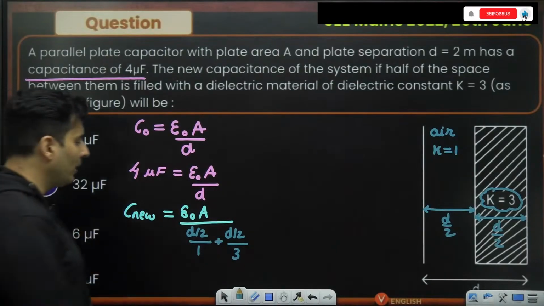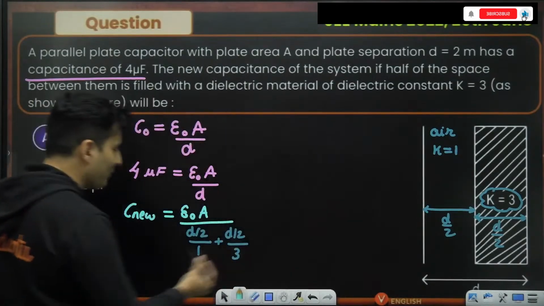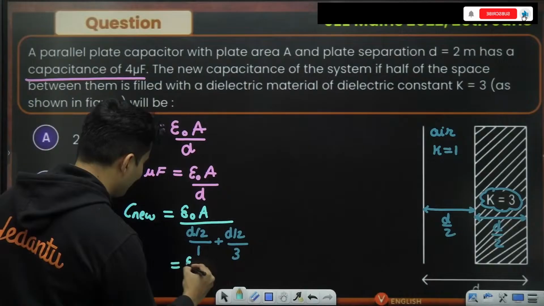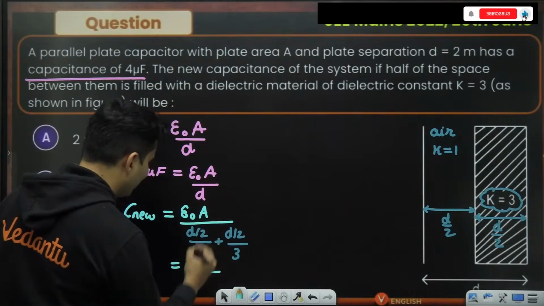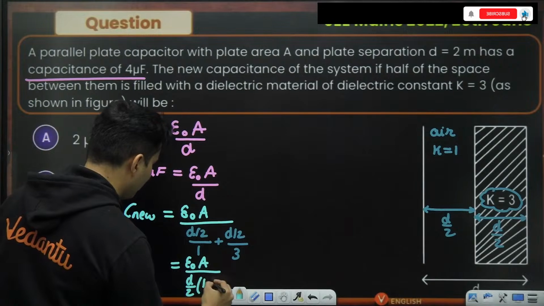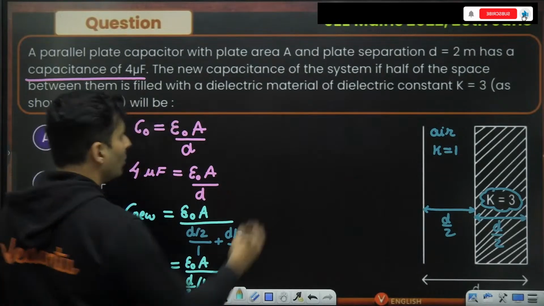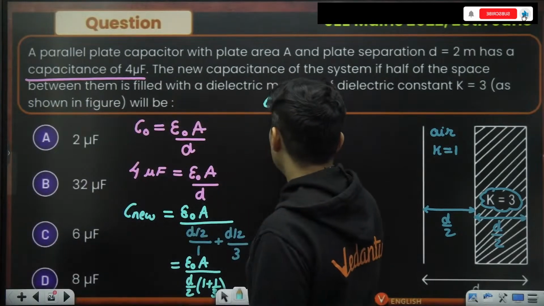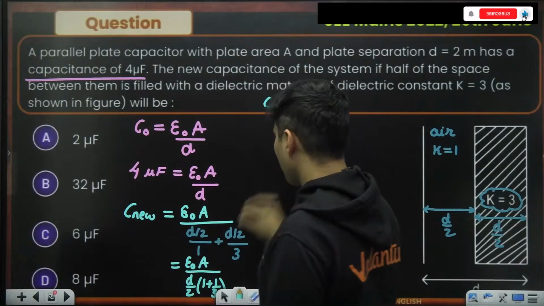Perfecto. Now what do we do with it? Well, solve, guys, nothing more. I mean, what else can we do? So this will be epsilon naught A divided by D by 2 common, and 1 plus 1 by 3. Okay, so let's see what we get as the new capacitance.